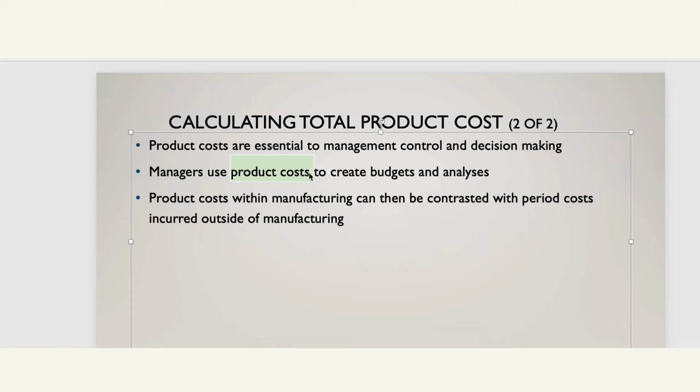And again, as I keep saying, all managers, not just financial managers, not just accountants, all managers are responsible for budgets. And you can't do a budget without understanding what your product costs are, or what your unit costs, what your cost of goods sold, however you want to think of it. So that's why we're doing this.